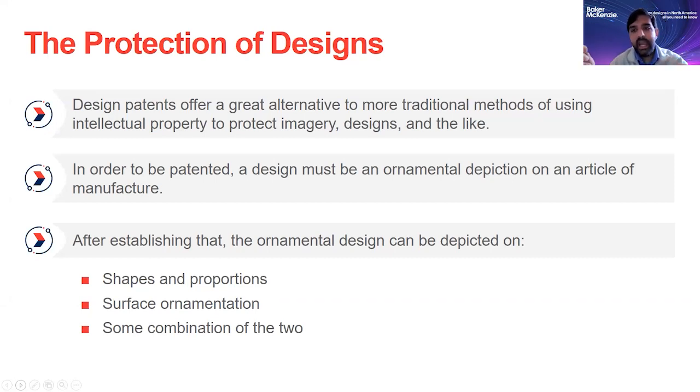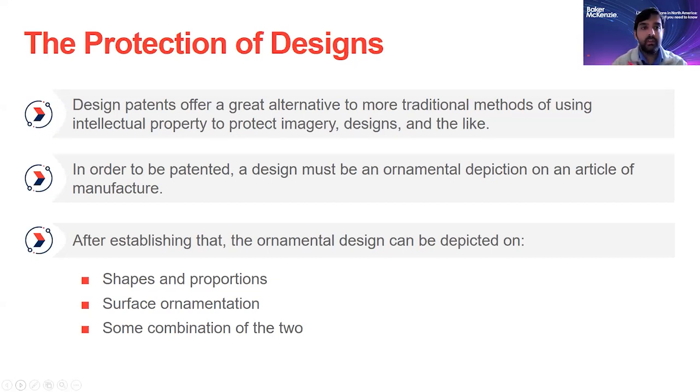Design patents protect the ornamental or aesthetic aspects of articles of manufacture, i.e. physical objects. So when we're thinking about how we can use these design patents, we're not looking at functional aspects. We're thinking about how the object looks.